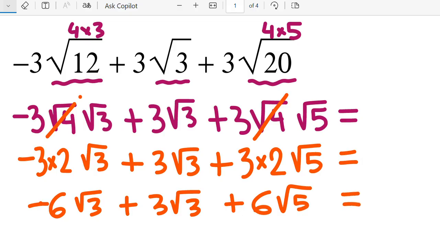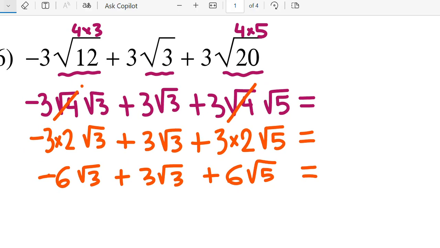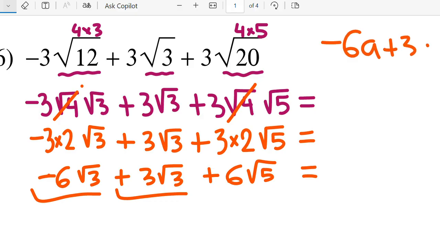Okay? Now we say, wait, which of them are like terms? Which of them can be combined? We know that radical 3 and radical 3, they are like terms. We can put them together. How do we put them together? Imagine as if you had negative 6a, positive 3a.